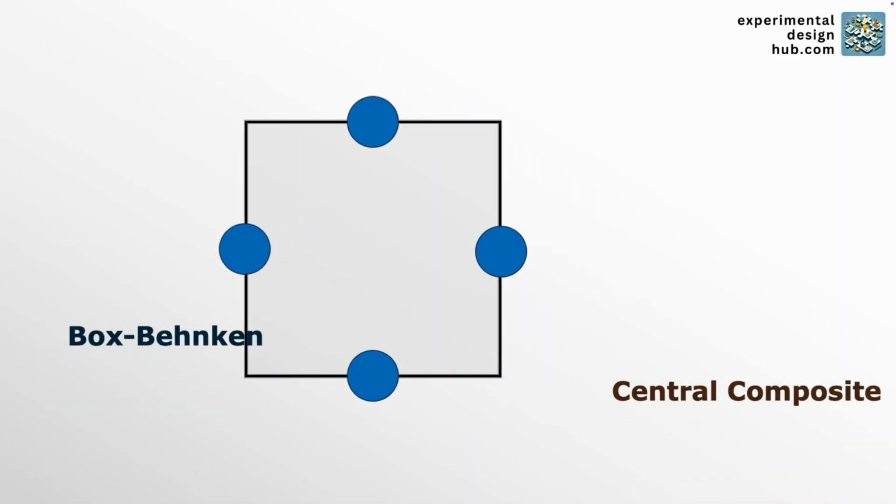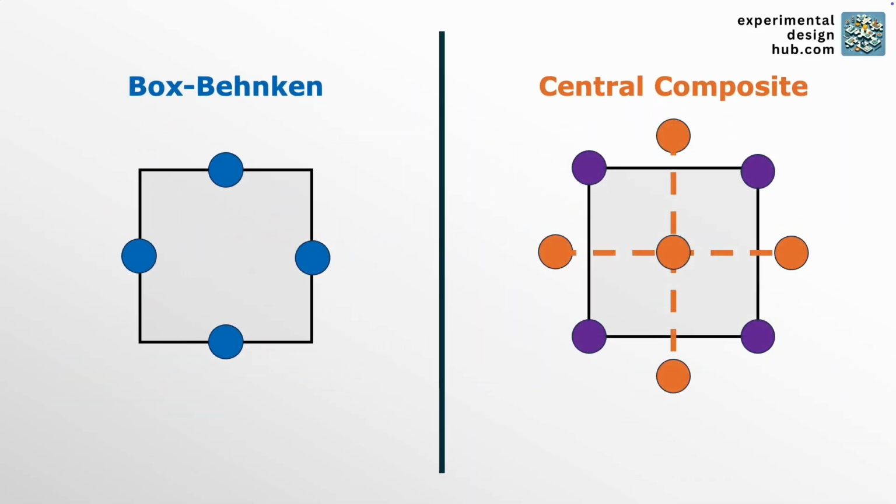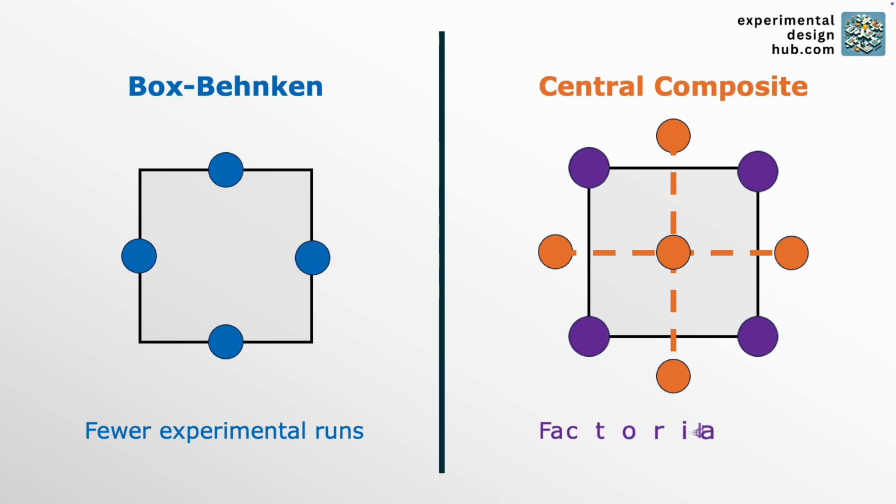Since Box-Behnken designs keep points more centered, they often require fewer experimental runs compared to a comparable central composite design. But that is only half the story, because the great benefit of a central composite design is that it has a factorial design at its base.